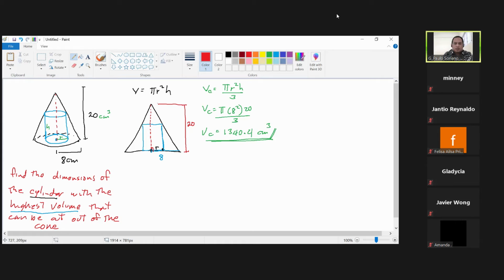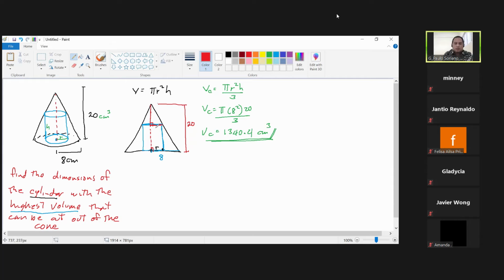Since this is a cylinder inside of the cone, this is a small triangle here on top. Also a right triangle, and it is similar to this half of the triangle over here.